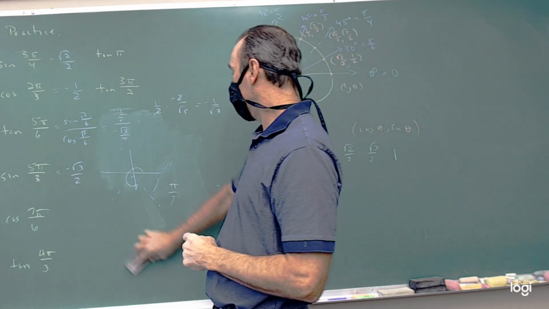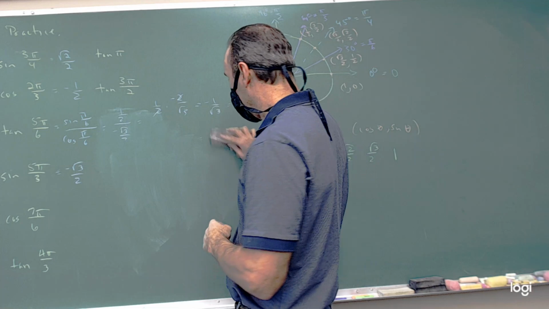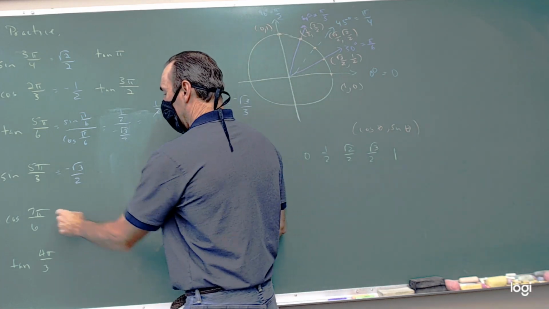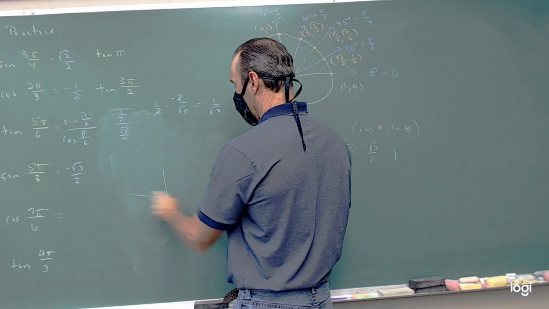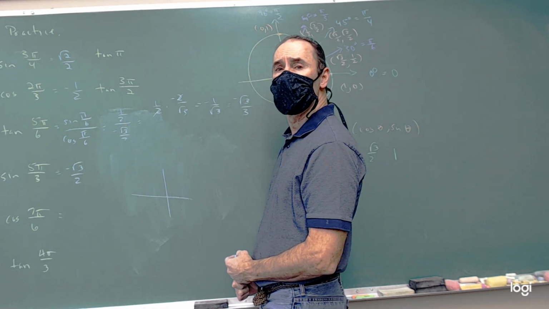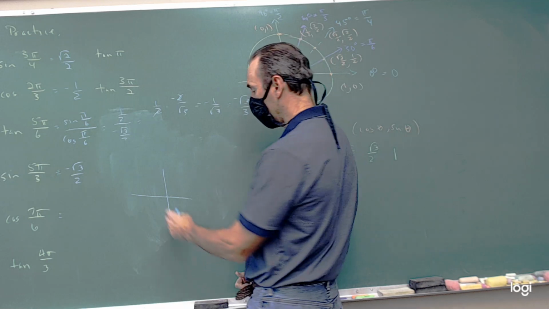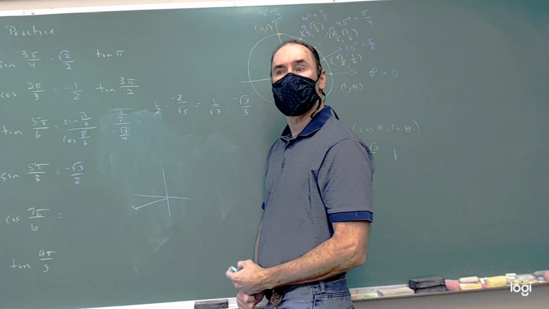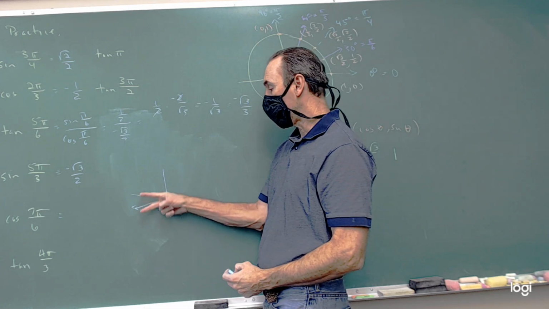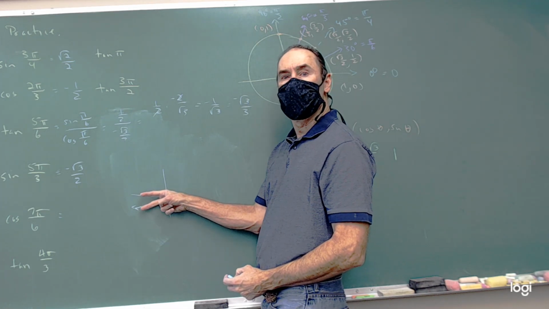Okay, Sage rather. How about cosine of 7 pi over 6? Walk us through that. So we would be in the third quadrant. Good. So there's 1 pi, and then another is 1/6 pi. So what's our reference angle? Would it be pi over 6?